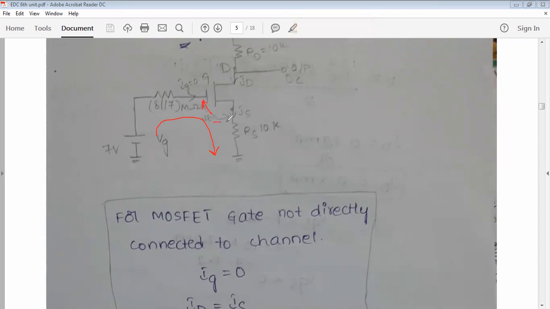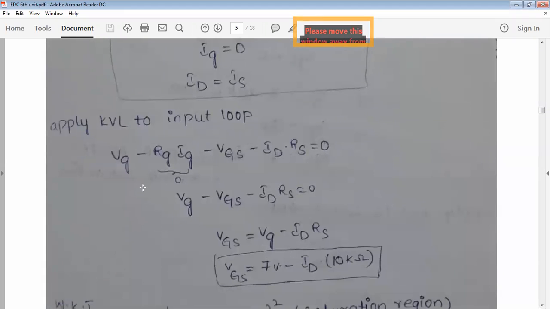This is the VGS, the voltage difference between gate and source. Then the current flowing through RS is the ID current. So the final KVL equation is VG minus IG into RG minus VGS minus ID into RS is equal to 0.